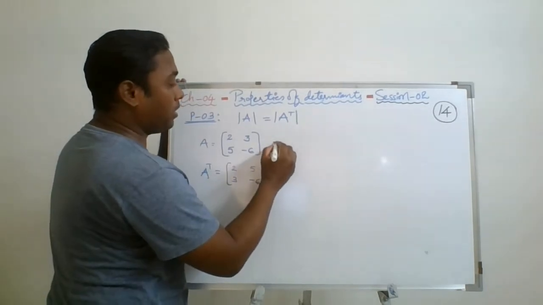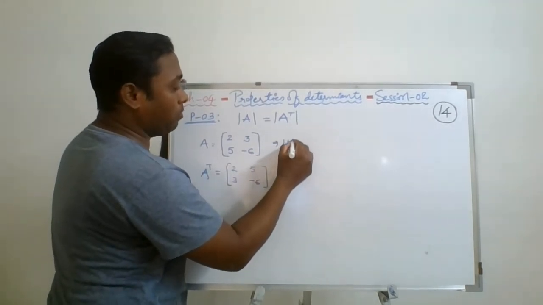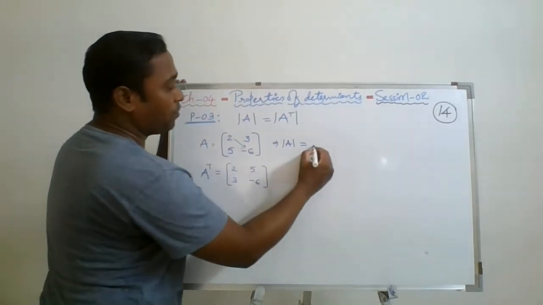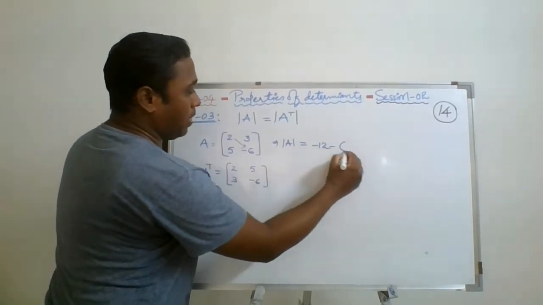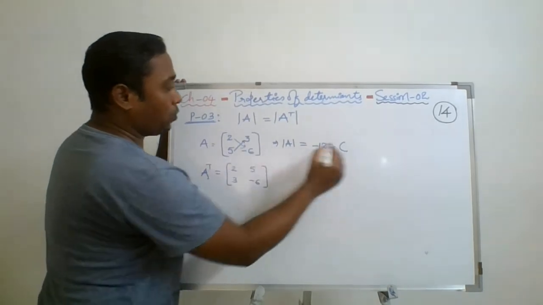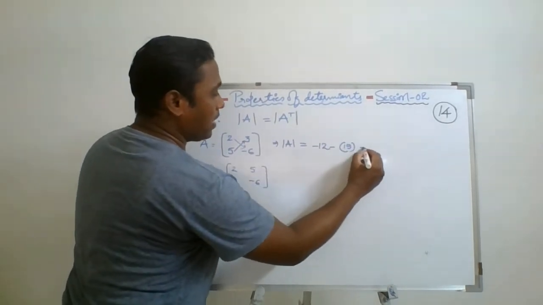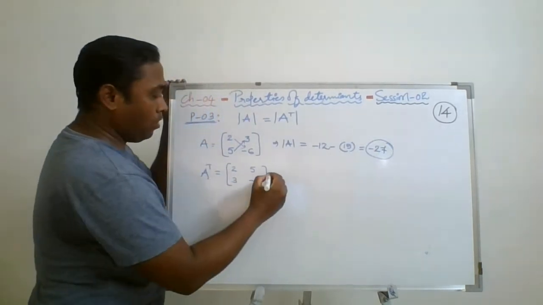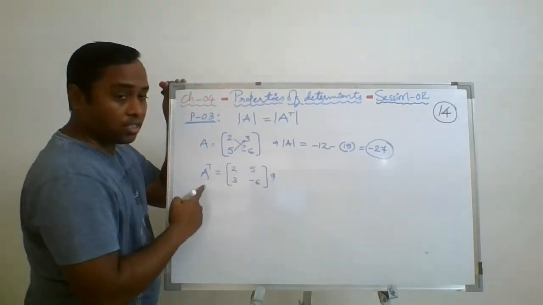Now I am calculating the determinant value of both the matrices. Det A means the product of these two first, that is minus 12, minus the product of these two, which is 15. So the answer is minus 27. Now I am calculating the determinant of its transpose.